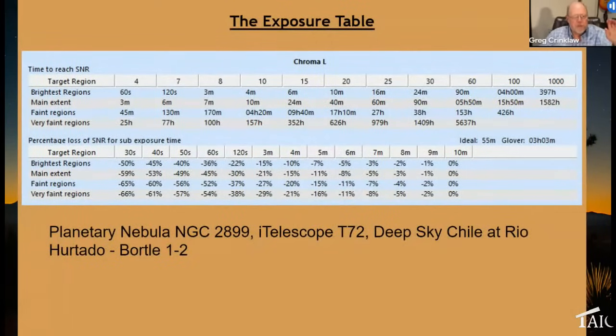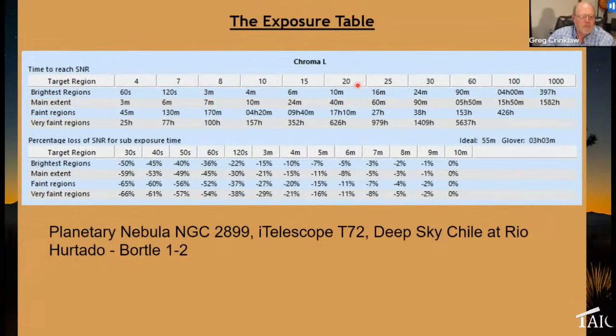I call this an exposure table. It's one of the things that I developed for SkyTools 4.1 imaging. What we've got here is, for that target object, signal-to-noise ratio across the top and the brightness of the various regions over here. And what it tells us is how long you have to expose to reach that signal-to-noise ratio.